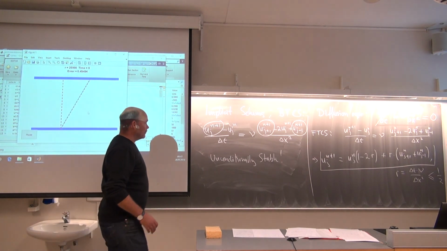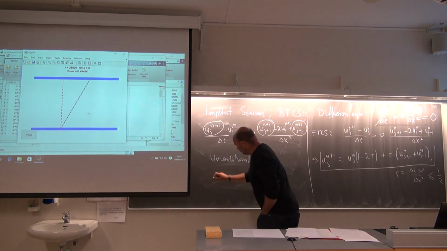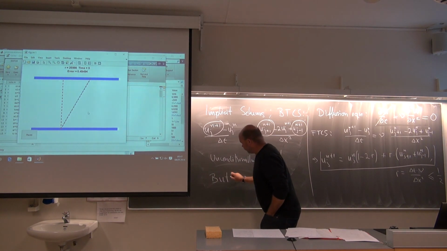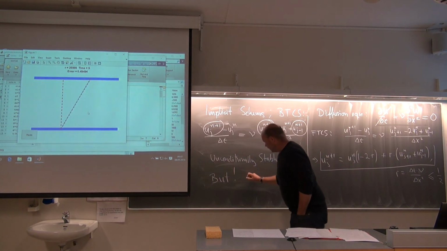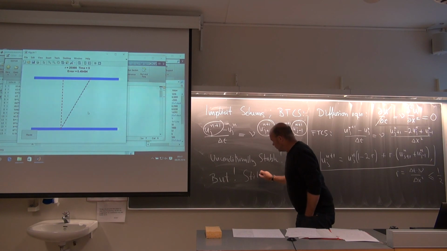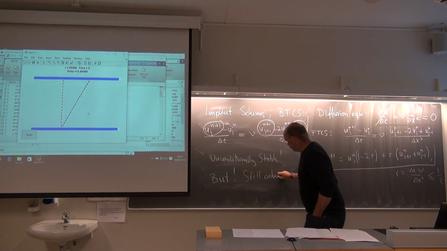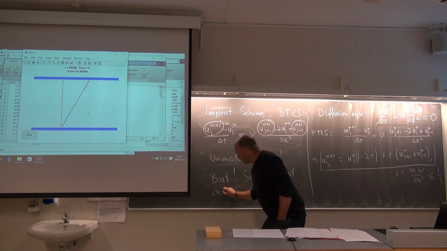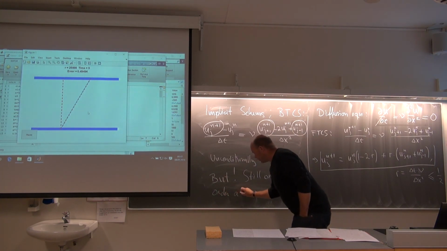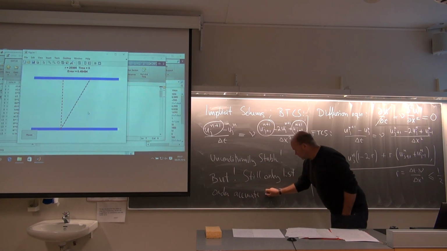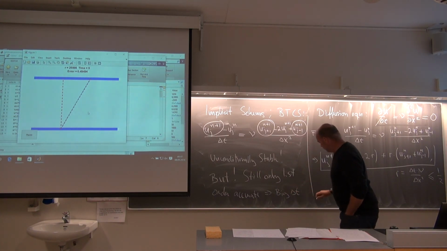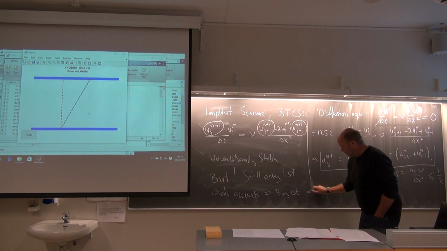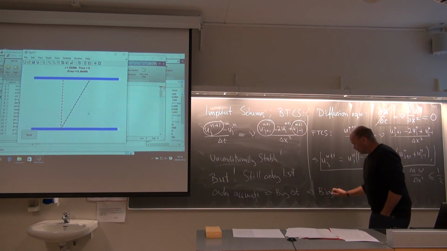So the reason here, it's stable, but it's still only first order accurate, which then means if you choose a big delta T, you get a big error.